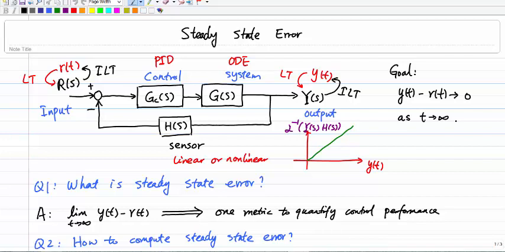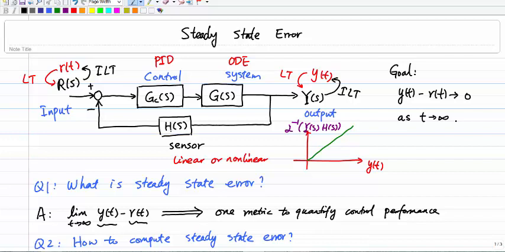The steady state error means the value of y sub t minus r sub t as t goes to infinity, which means as time goes on, for example, I give a certain r sub t and we calculate y sub t given a control, a given system, and a sensor feedback like h of s.